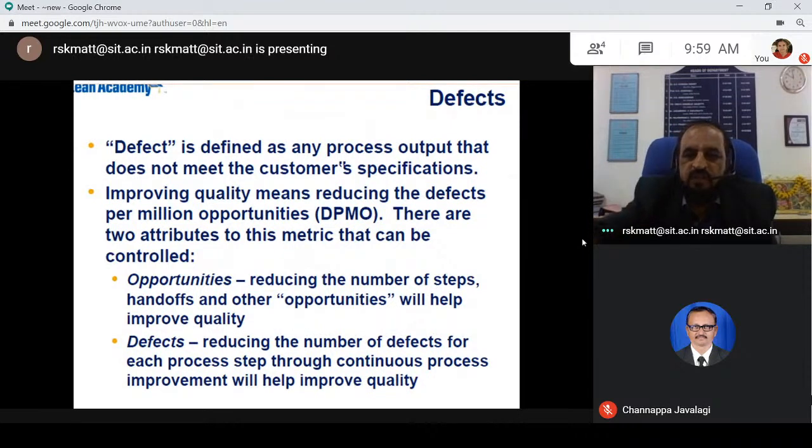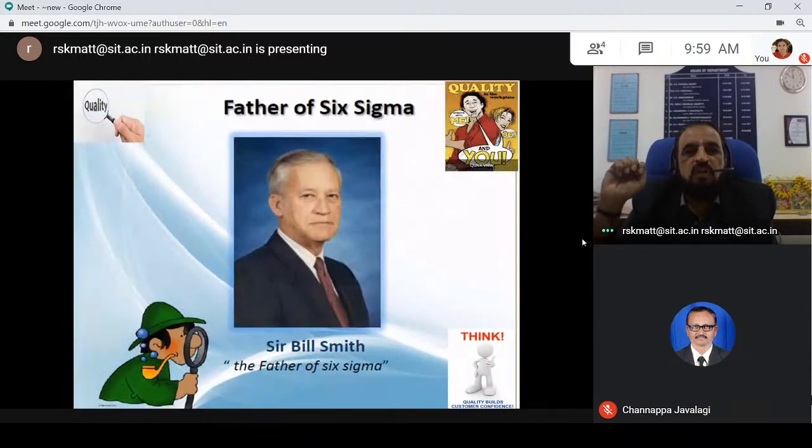Okay. Then, Bill Smith is the father of Six Sigma. So we should remember all these quality gurus.